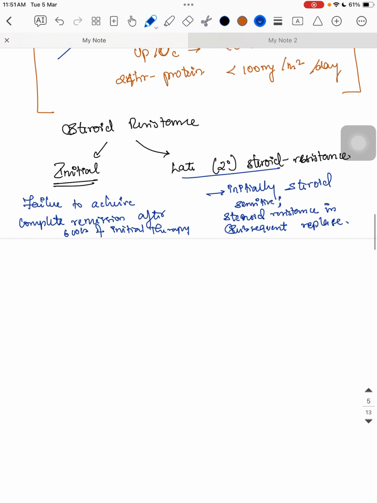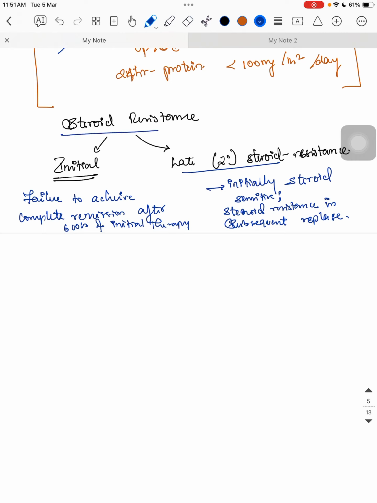Next, when do you call this a failure to achieve complete remission? Here also you check your urine dipstick test.